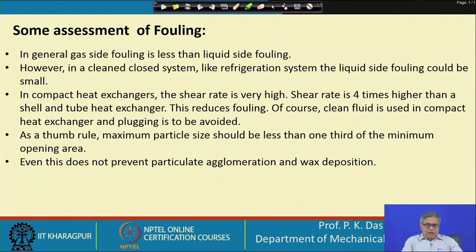So, ultimately the cleaning strategy is very important. There should be a regular cleaning strategy. The cleaning strategy may not be similar for all heat exchangers, but anyhow there should be a cleaning strategy for the heat exchanger.